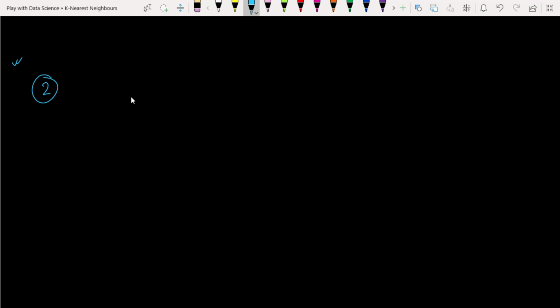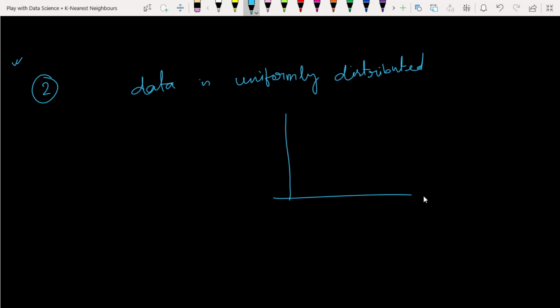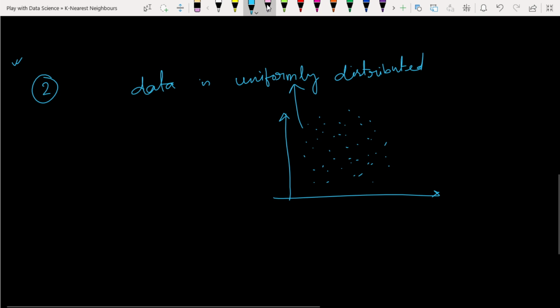So what does uniform distribution mean? If our data looks like that, then it is spread everywhere over our plane. Everywhere. This is simply the uniformly distributed case.